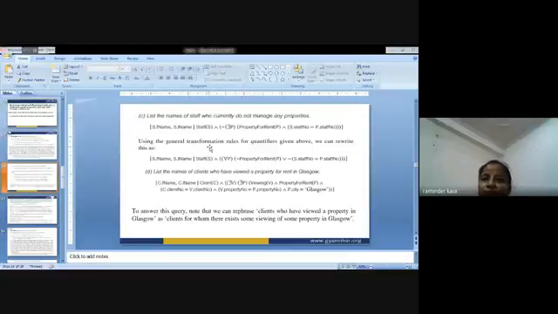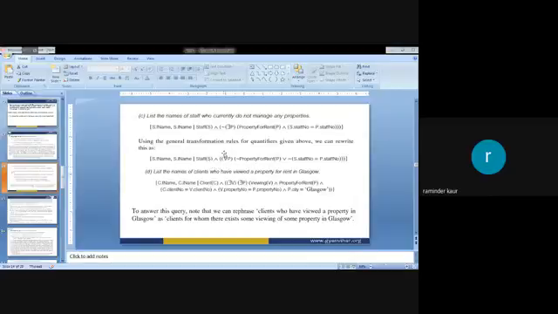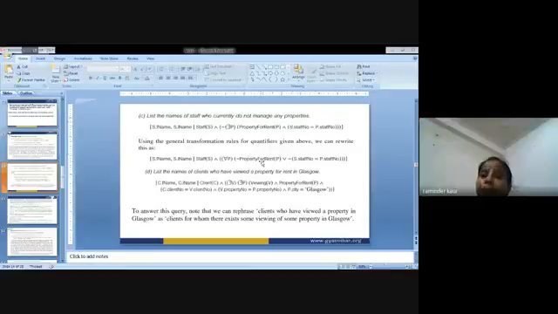So using the general transformation rules for quantifiers given above, we can write this as: s.firstName, s.lastName | Staff(s) and for all properties, not PropertyForRent(p), that is they are not managing any kind of property, or not s.staffNo equal to p.staffNo.